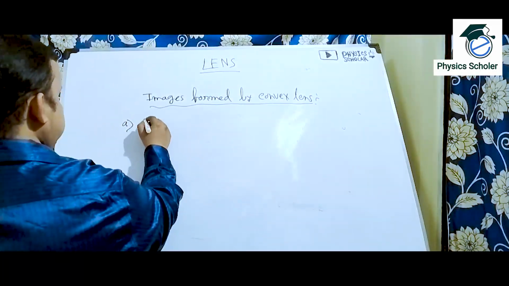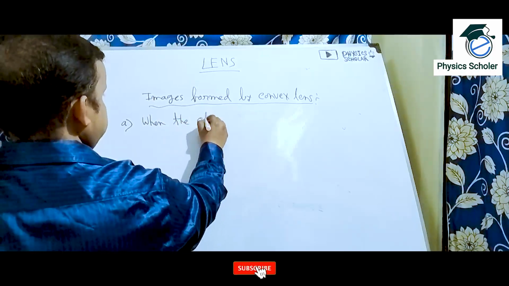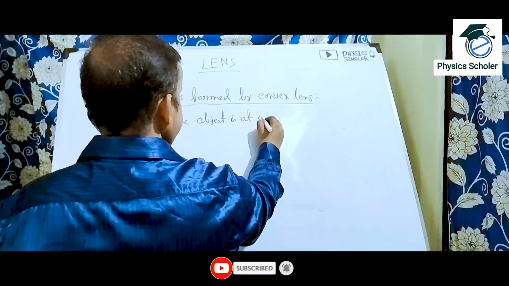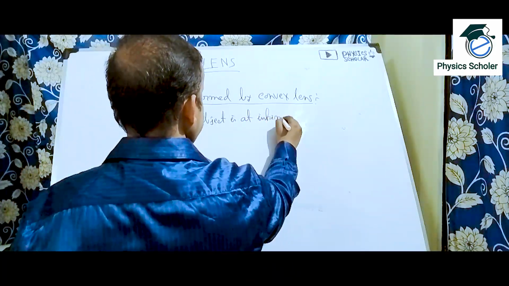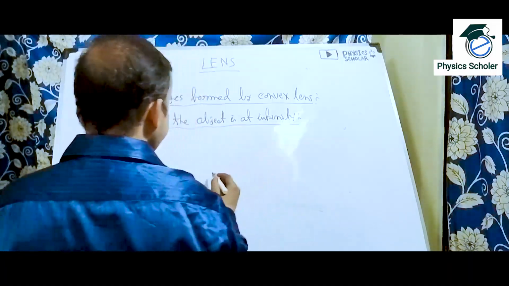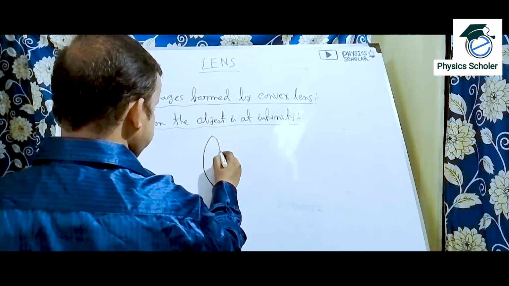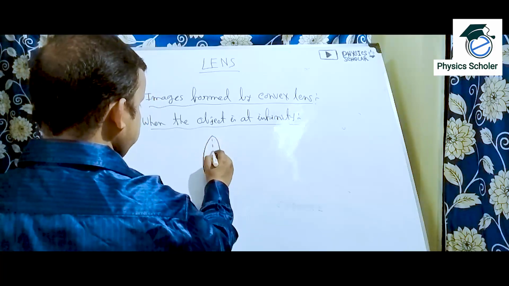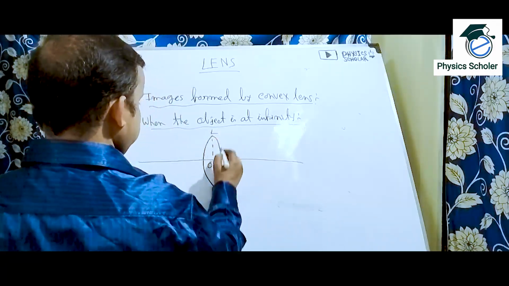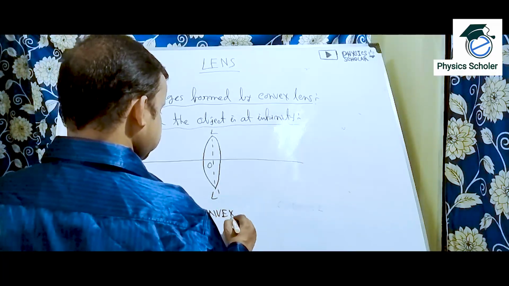First condition, when the object is at infinity. That means when the object is at infinity, what should be the image's position, nature, and why it will be formed. So let us draw. So this is what? A convex lens.